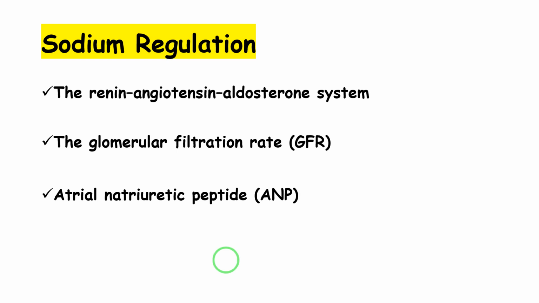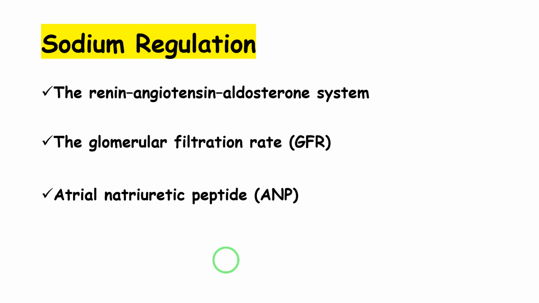The major players in the homeostasis of sodium are the renin-angiotensin system, the glomerular filtration rate, and the atrial natriuretic peptide.